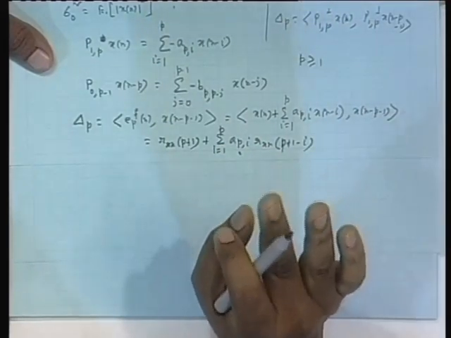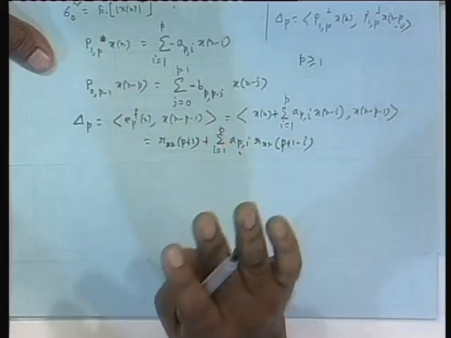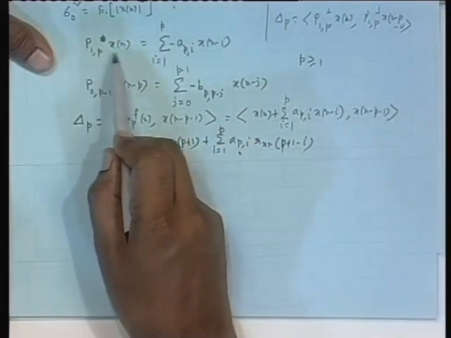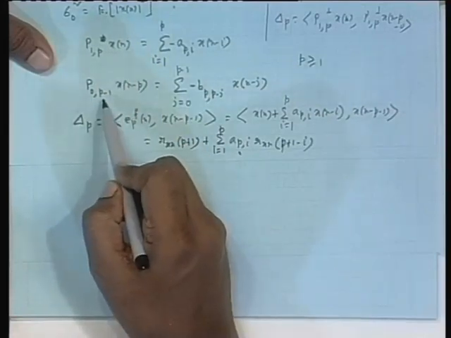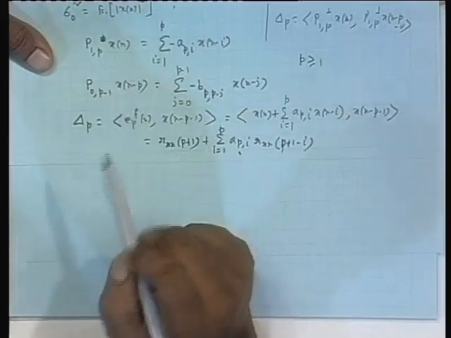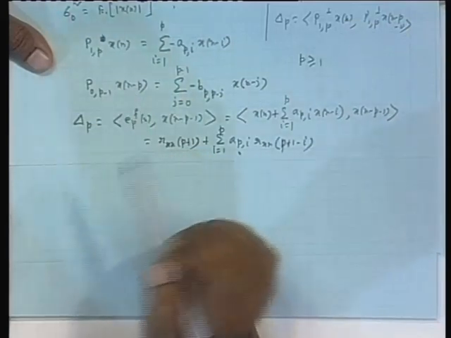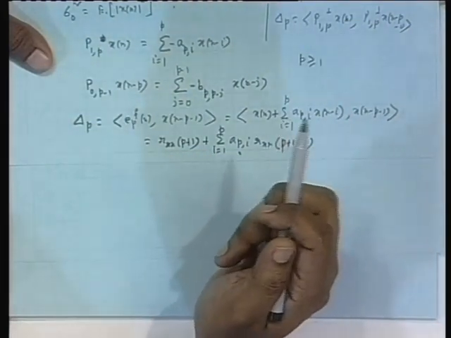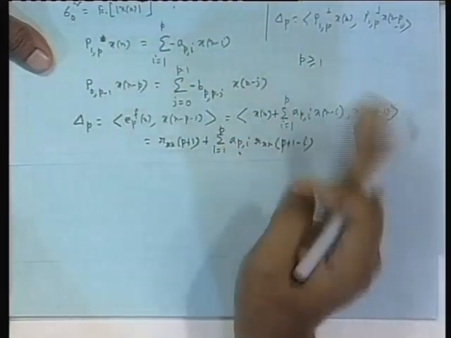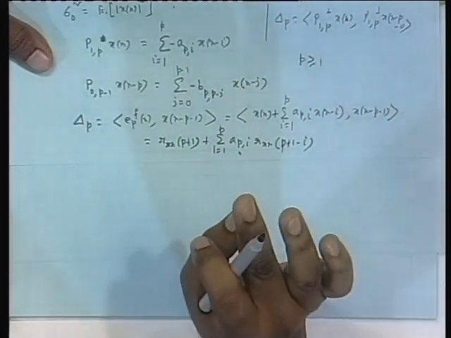That is, you are already given the coefficients at the end of the first stage. That is, you have found at least p 1,1 x(n), p 0,0, and x(n-1). You know these coefficients, or p can be anything, even 1, any number higher than 1.